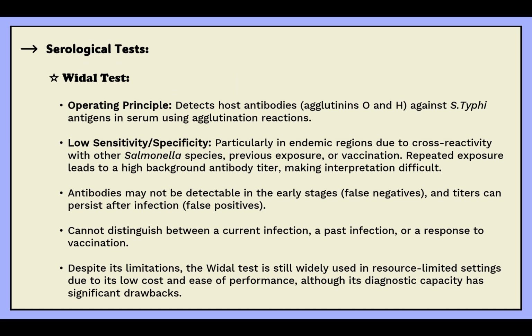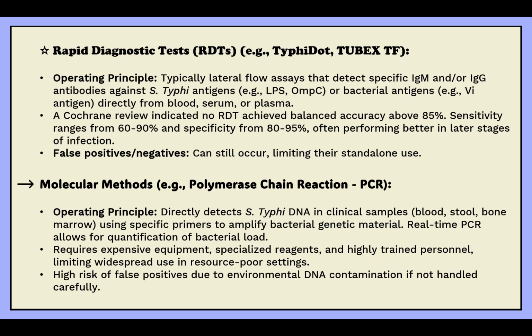Antibodies may not be detectable in early stages, causing false negatives, and titers can persist after infection. It cannot distinguish between current infection, past infection, or vaccine response. Despite its limitations, the Vidal test is still widely used in resource limited settings due to its low cost and ease of performance, although its diagnostic capacity has significant drawbacks.